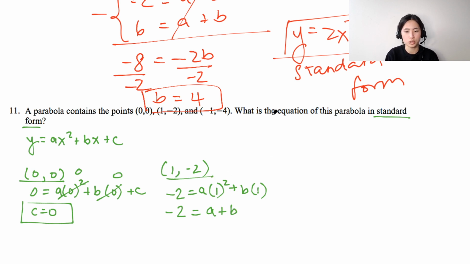Now let's move on to the next coordinate, (-1, -4). We know that negative 4 is now our y. So I'm still using the exact same equation, the standard form.